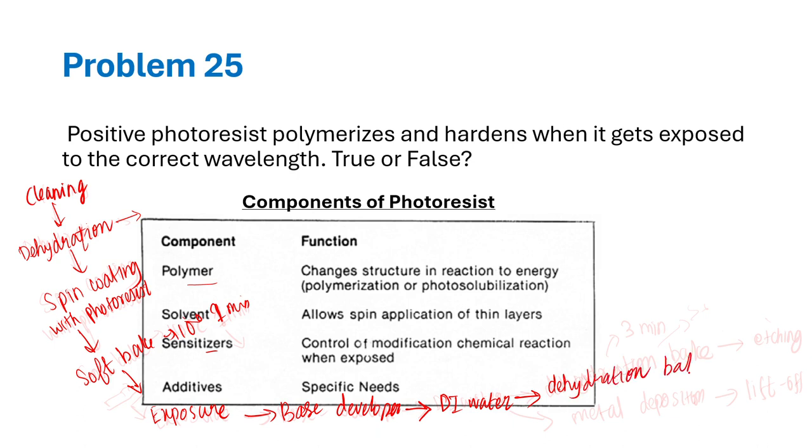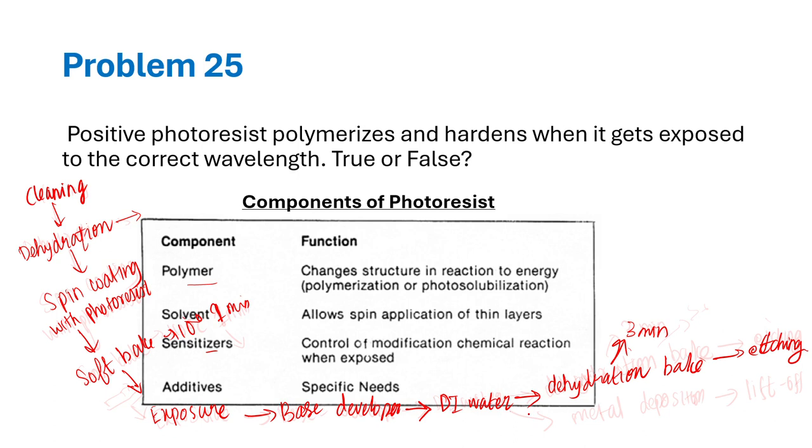So this is to completely remove the solvent from the photoresist. This will be done for longer time, typically 3 minutes in some cases, or even higher, and it also depends on the photoresist spec. It will be given in the spec sheet. Then we can proceed for etching.